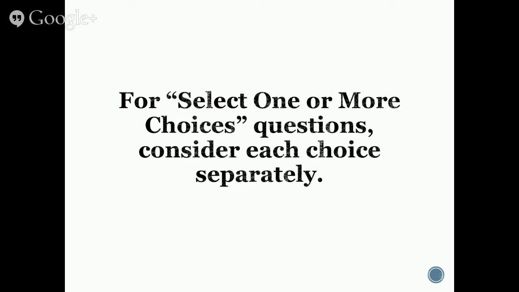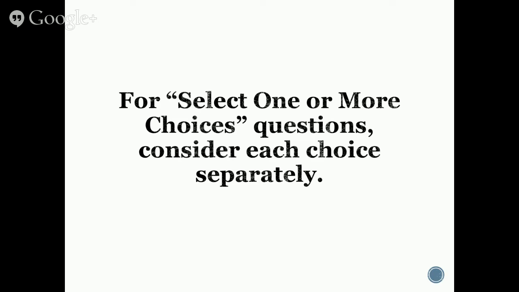For the select one or more choice questions, consider each choice separately. Don't say, well, this one's right, and because that one's right, this one's also right. Choose them separately. Say, yes, that one's right, and it doesn't matter if this one or the rest of them are right or not, but that one I know is. And then if there's something else that's right, go for it.